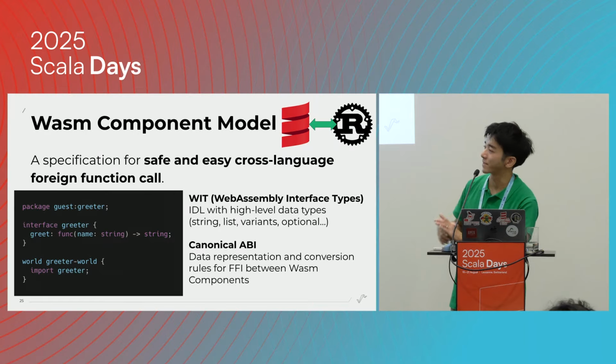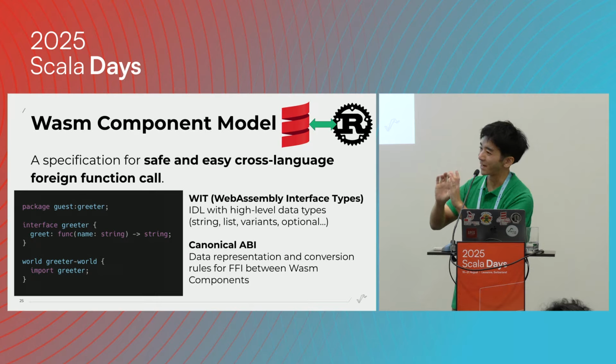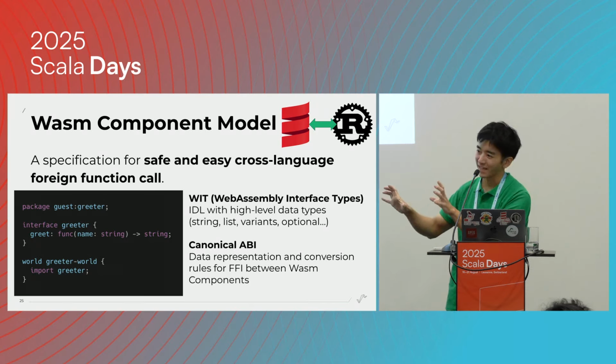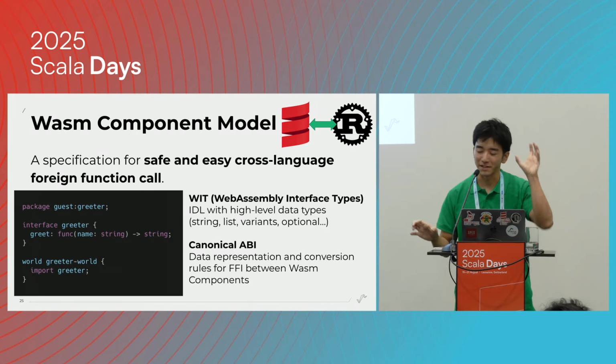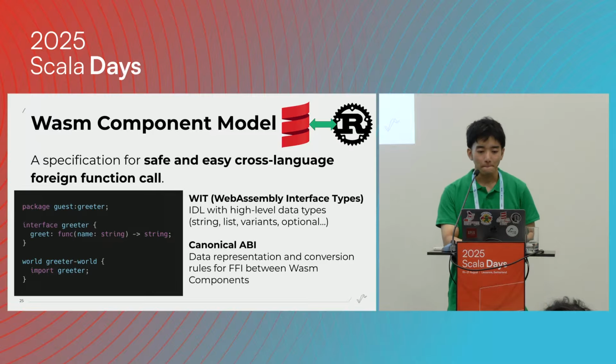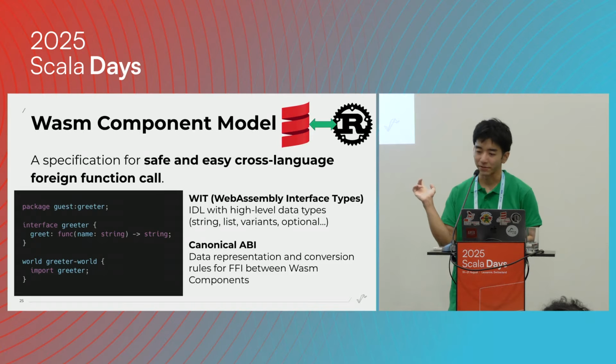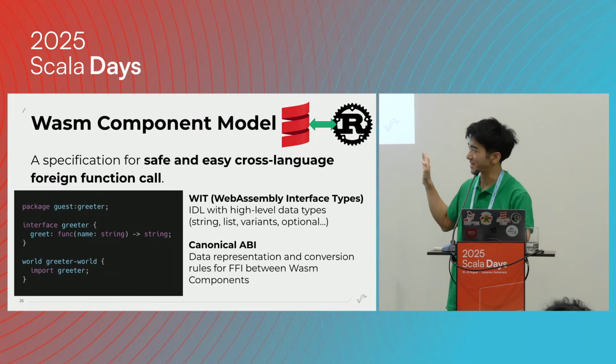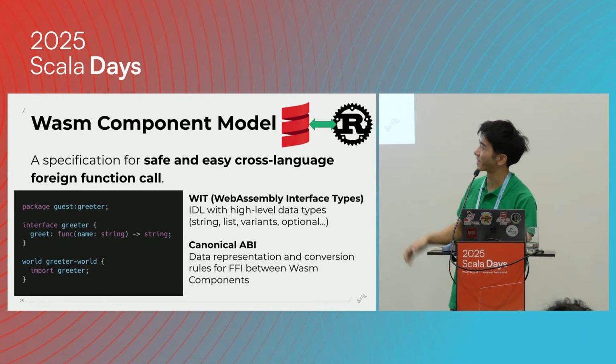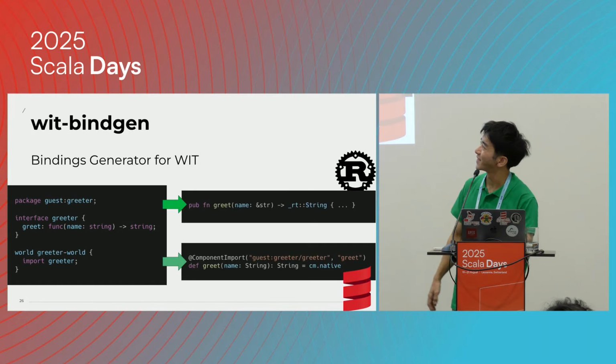For example, a string needs to be laid out on linear memory, and we represent a string using a memory offset and its length, something like that. That's the canonical ABI, by the way. The end user shouldn't care about it because it's really complicated.